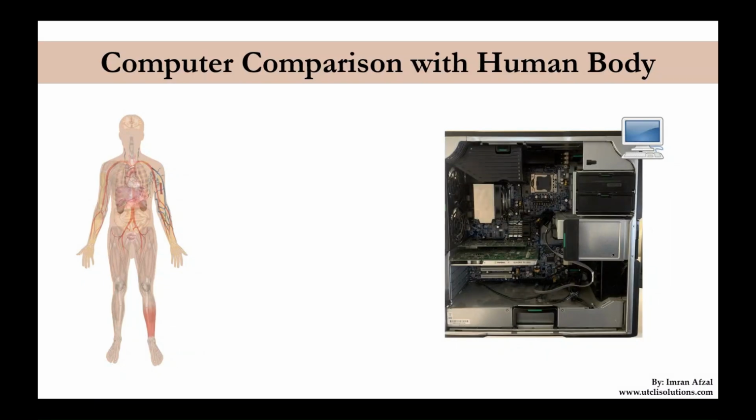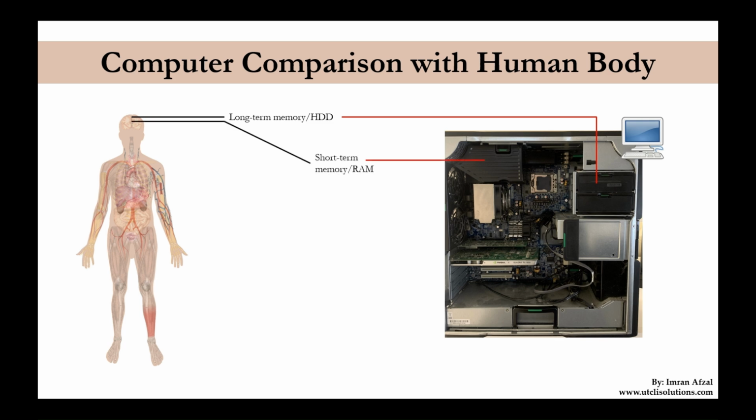The very first common organ that we have between a human body and a computer is long-term memory. In our head, long-term memory is equal to a hard disk drive in a computer, which retains a lot of information for a very long time.